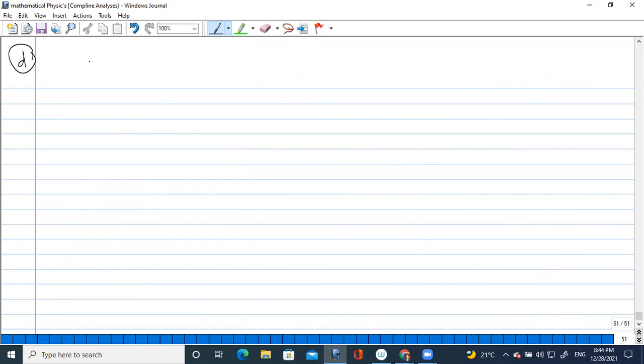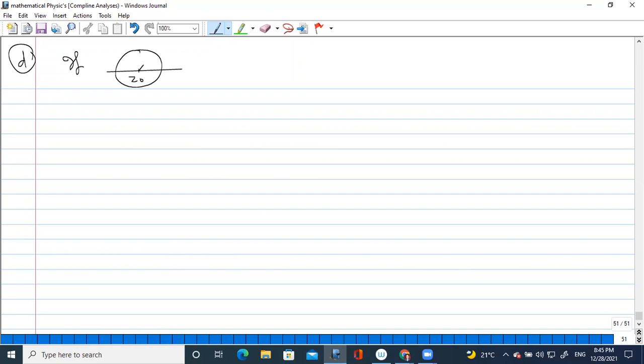D point. Suppose I draw a circle. This is my point Z0.